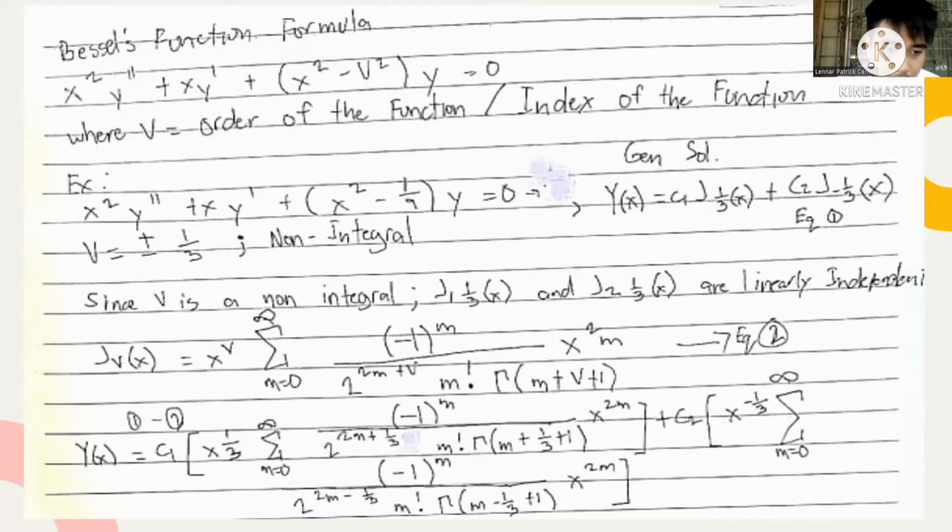Ito naman yung equation ng J v (x): J v (x) equals x to the v, summation of m equals 0 to infinity, negative 1 raised to m over 2 raised to 2m plus v times m factorial times gamma of m plus v plus 1 times x squared m.